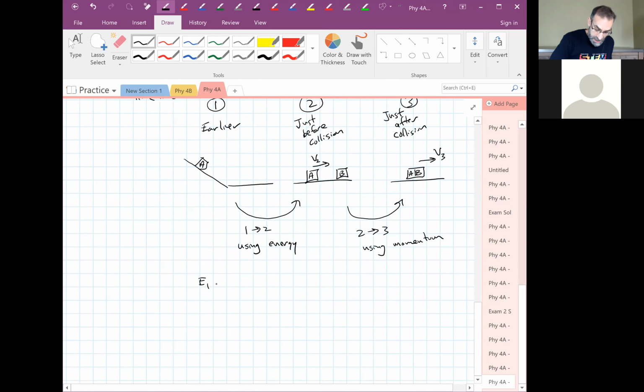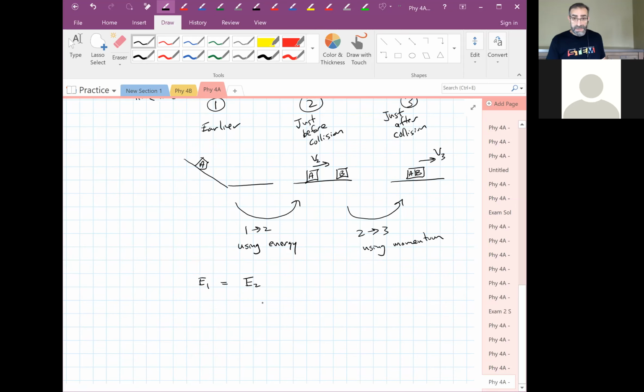The energy at time 1 has to equal the energy at time 2 because I have no friction in my system, no external forces. Right, we're trying to find V2, the velocity of block A when it gets to the horizontal surface.